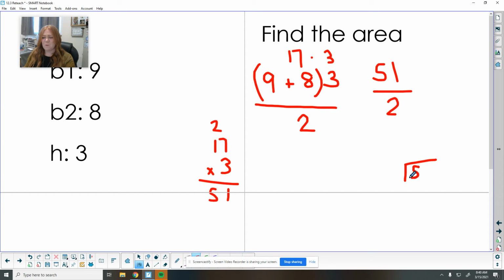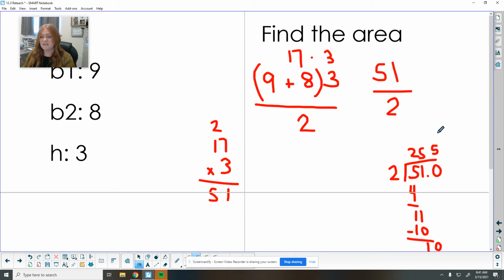51 is not an even number, but we can make 2 evenly go in here by adding a decimal and another 0. It's still 51, but now it ends in an even number, so it can nicely be divided by 2. 2 goes into 5 2 times, which is 4. 1 left over, bring down the 1. 2 goes into 11 5 times, which is 10. 1 left over, bring down the 0. 2 goes into 10 5 times.